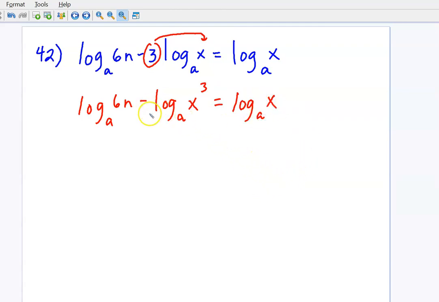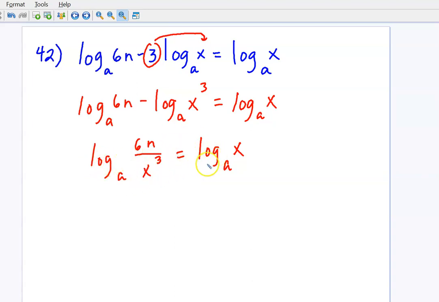Okay, now I'm going to use the quotient property, which says that these two logs of the same base that are being subtracted can be put together as a single log using that base and division. All right, and once again, I'm going to apply the log property of equality.